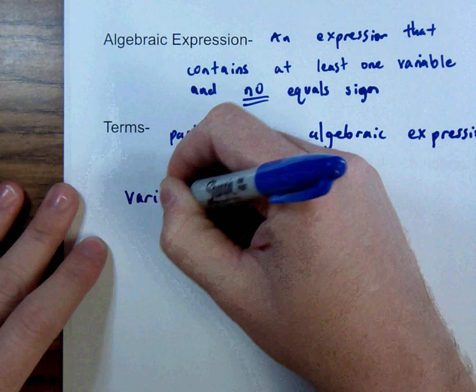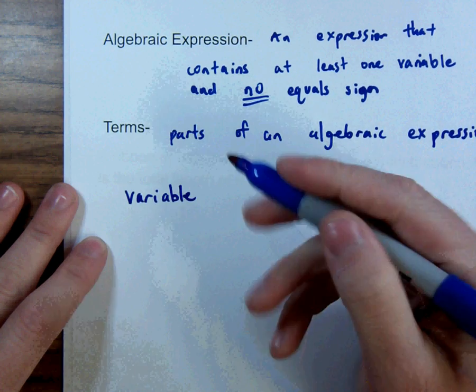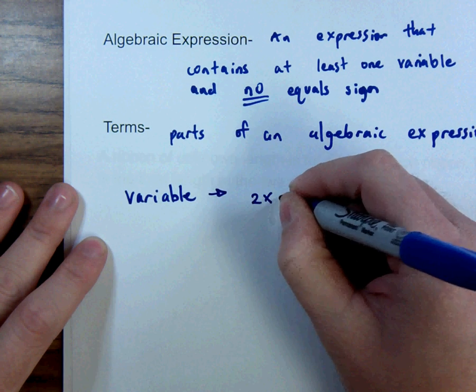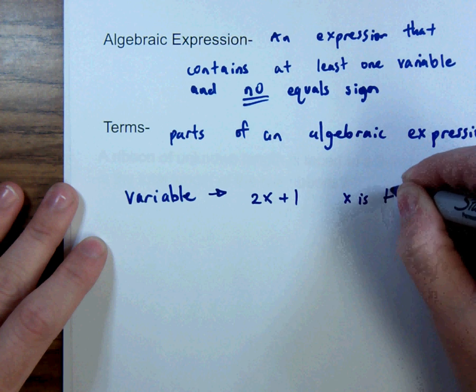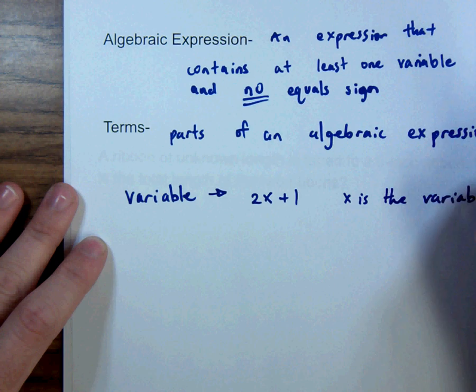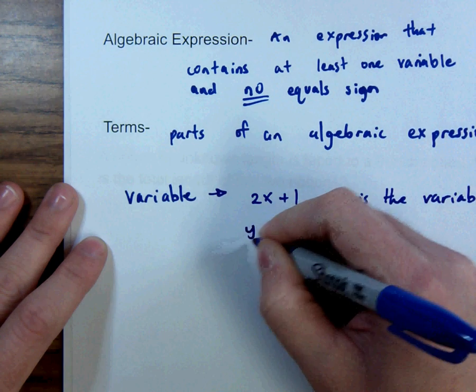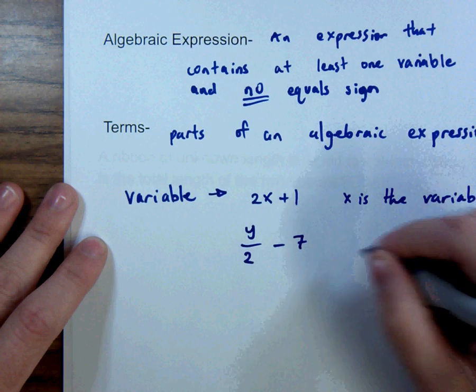Example of a variable. An expression of variable is given 2x plus 1. X is the variable. Say we were given y over 2 minus 7.